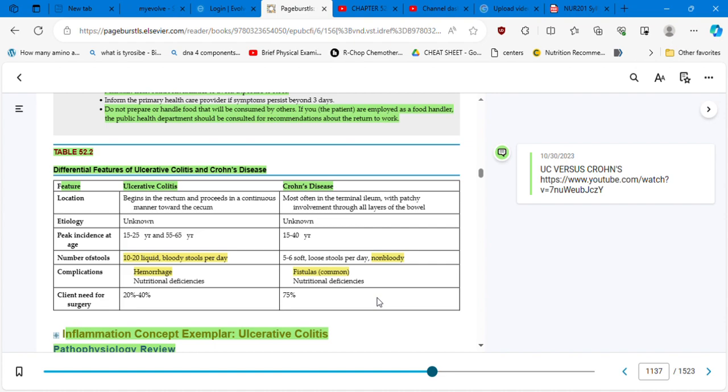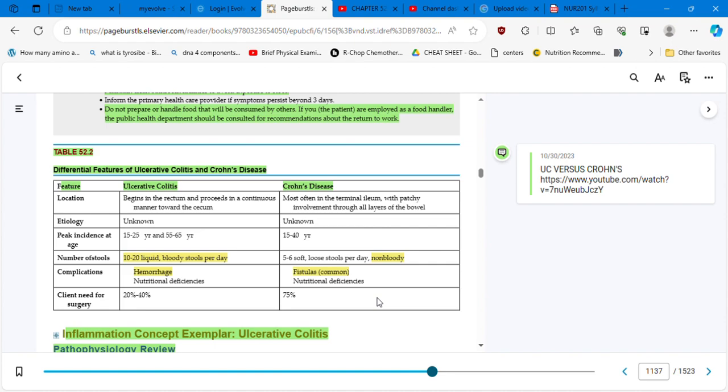So there are little pieces of cobblestone. They call them cobblestone pieces in the ileum, right? Like one piece here, one piece there, one piece here, one piece there. And when fistulas appear, that's an issue.